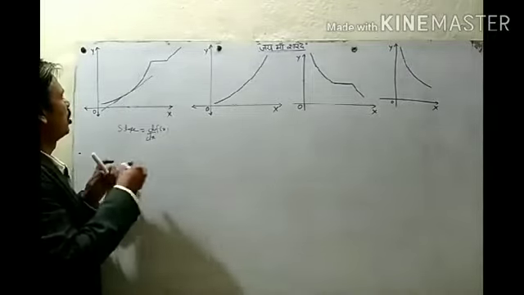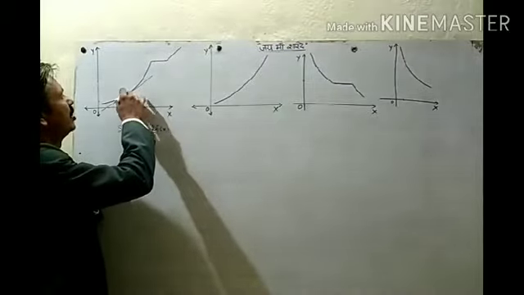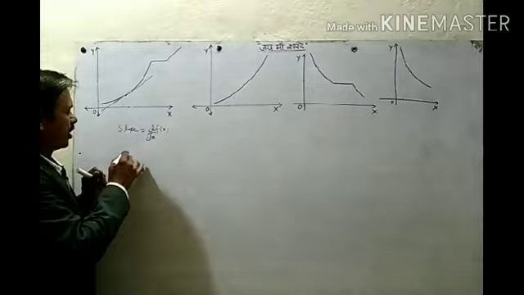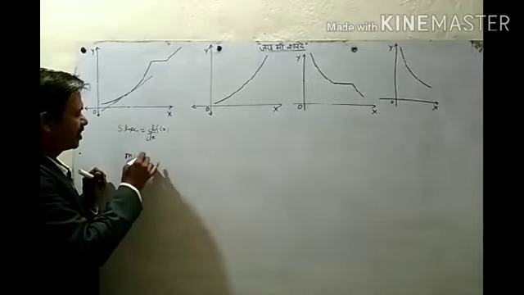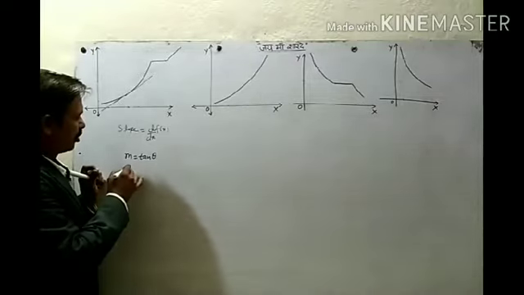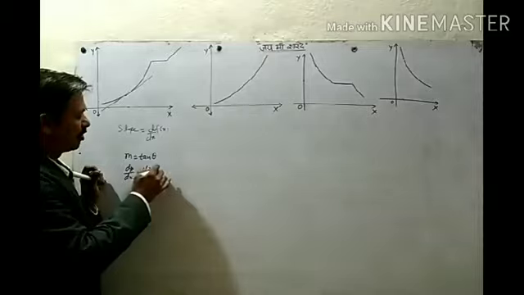So if we draw a tangent at this point, okay, then its slope will be its derivative at this point. And slope we denote by m, that is tan theta. So dy by dx, or you can say f dash of x, is tan theta.